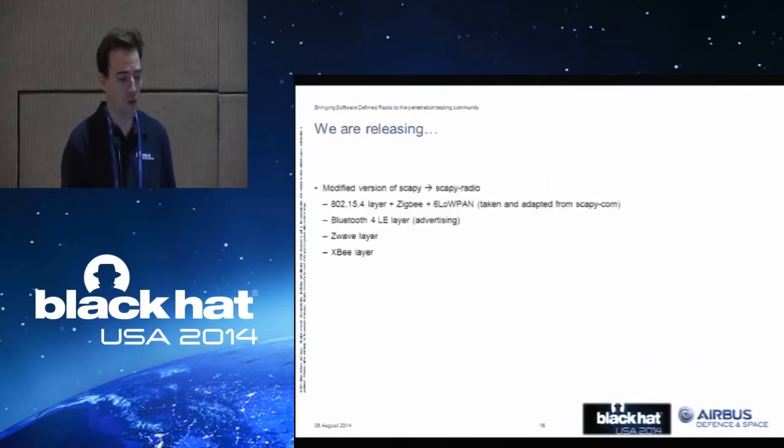What we're releasing is the modified version of Scapy Radio, with all the protocols we have developed and tested on real equipment, and the corresponding GNU Radio flow graphs for the Ettus board we have, the USRP2.